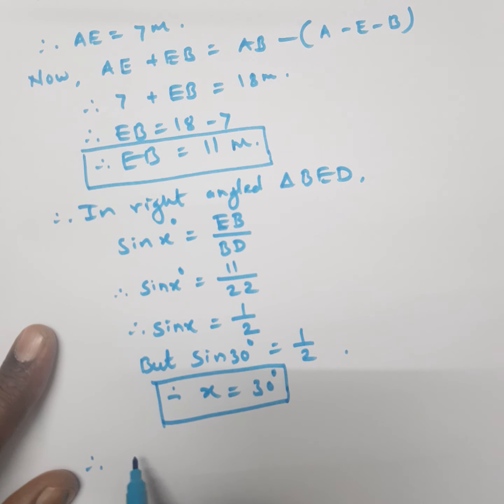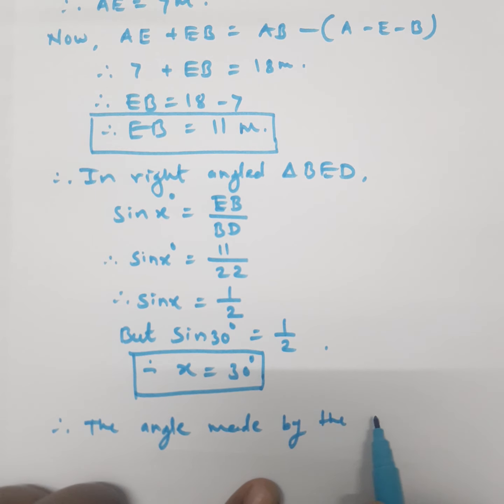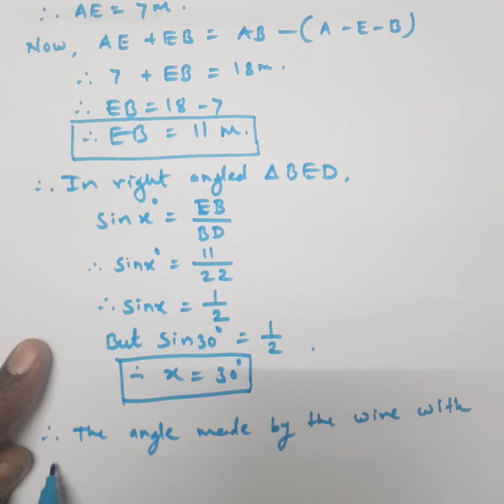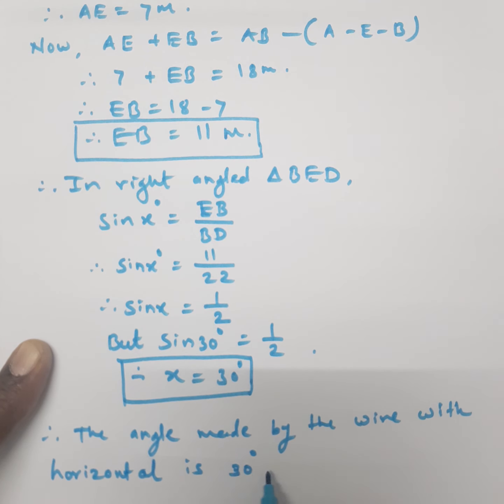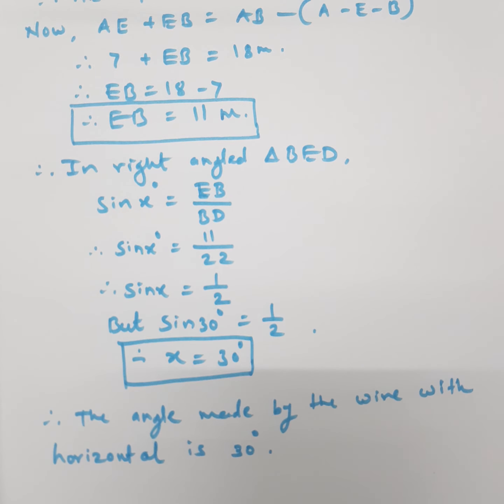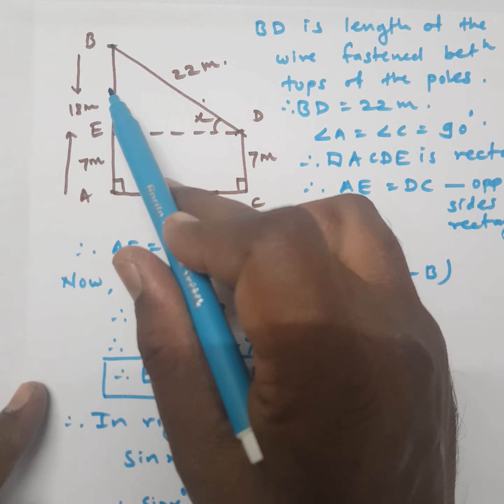Therefore, the angle made by the wire with horizontal is 30 degree. We can also write it by using the 30, 60, 90 degree theorem, because the hypotenuse is 22 and the opposite side is 11.